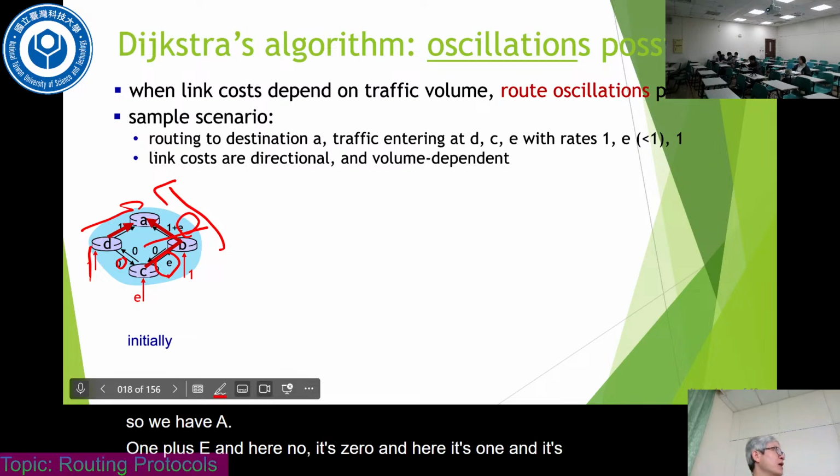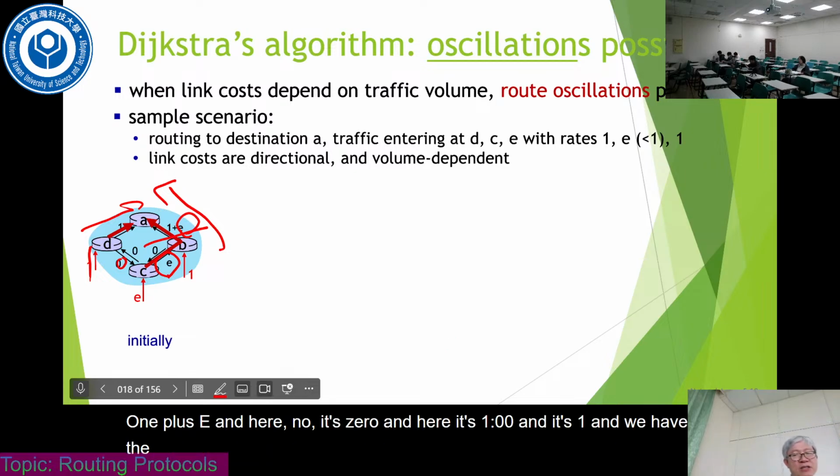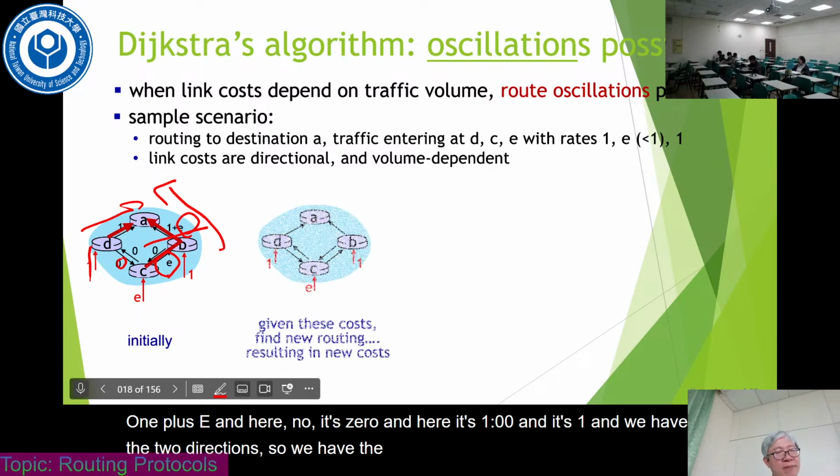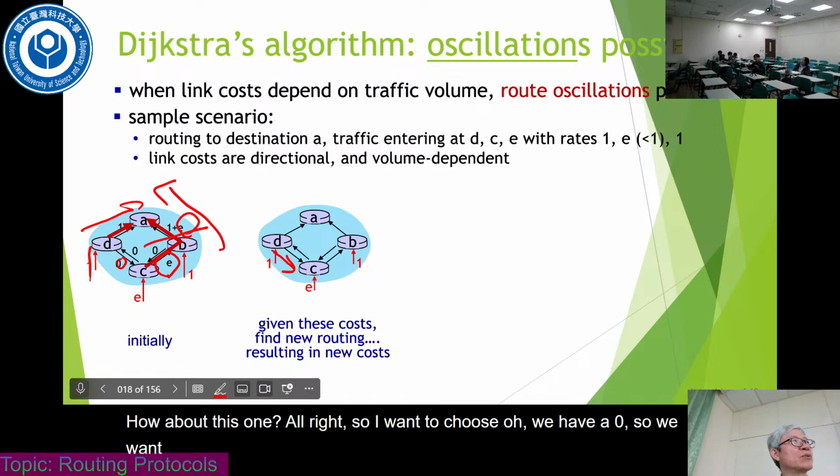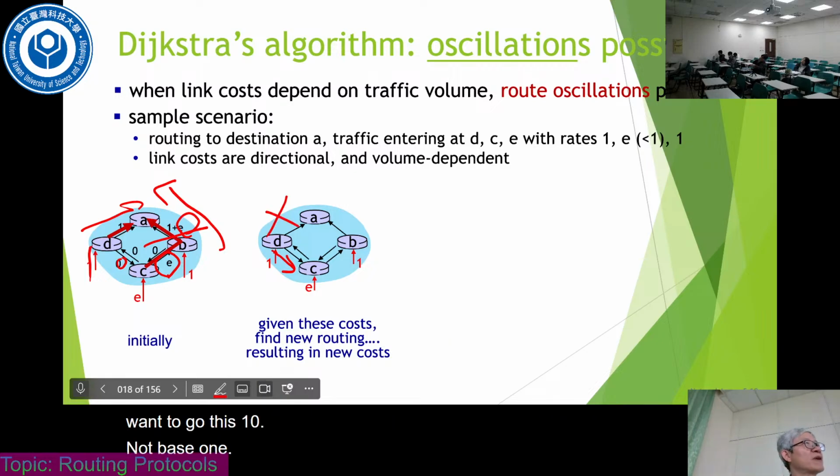We have the two directions. But next time, how about this one? We have a 0, so we want to go this way, not this one, because we have the smaller cost.